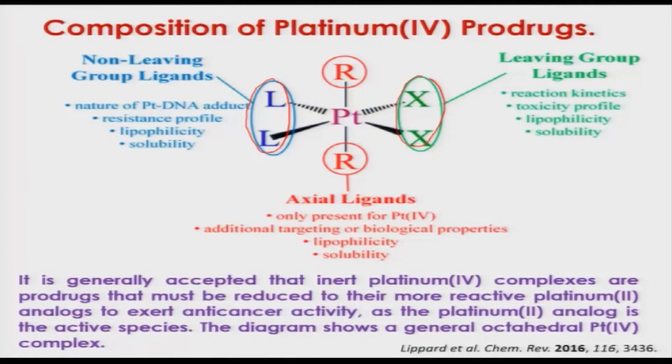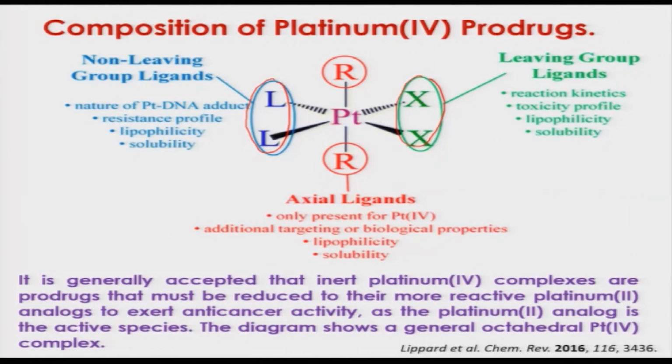It is generally accepted that inert platinum 4 complexes are prodrugs that must be reduced to their more reactive platinum 2 analogues to exert anti-cancer activity, as the platinum 2 analog is the active species.